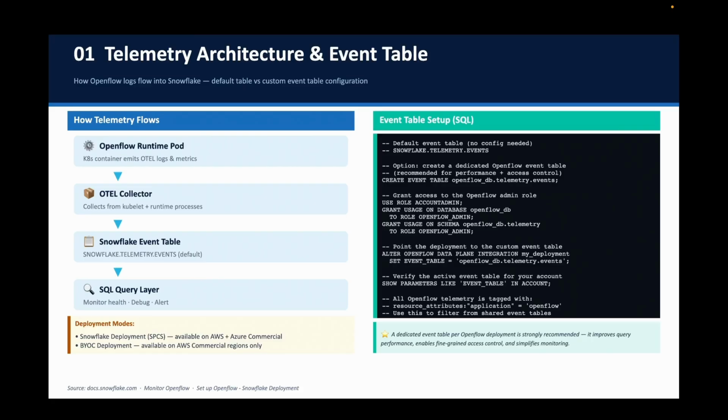In this case, alter Openflow data plane integration my_deployment, which is the deployment name. Set event table equal to whatever table you want to point to. In this case, we are pointing to the events table created under OpenflowDB under schema telemetry.